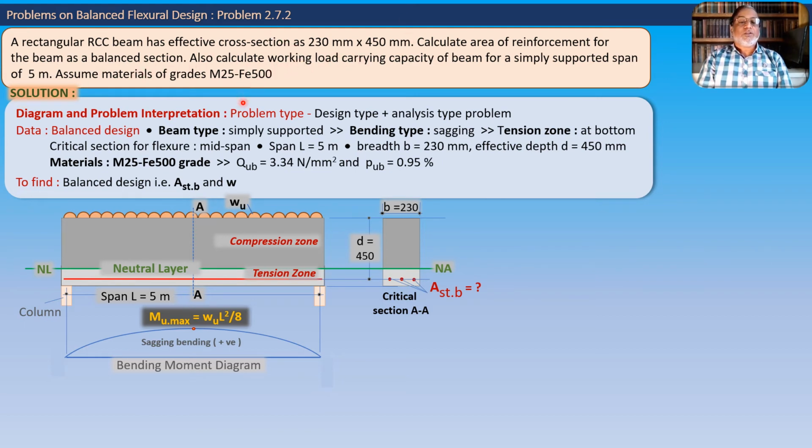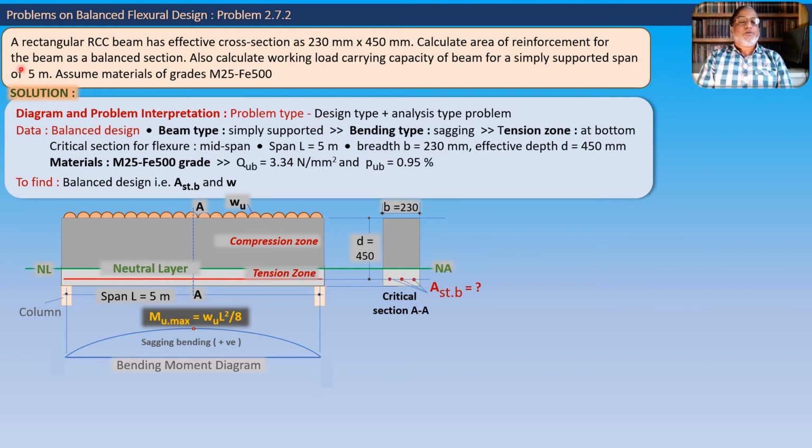So we will call this problem a design type problem plus analysis type problem, because the analysis part of this problem comes at the end of the statement: calculate working load carrying capacity of the beam. That is what they have asked. So we can say that this problem is a mixture of design type and analysis type.